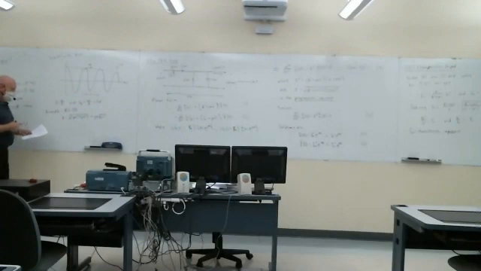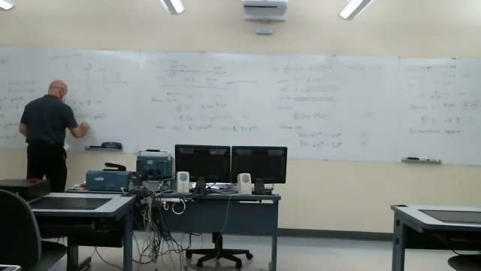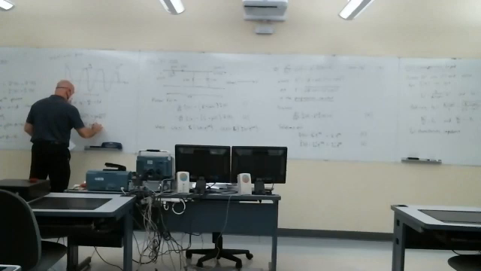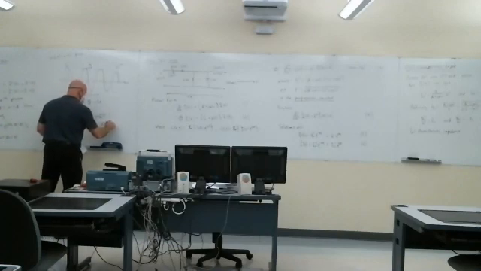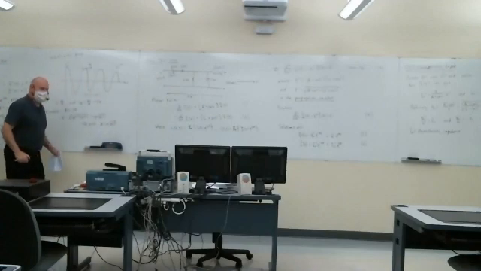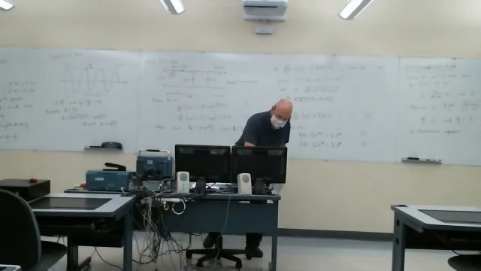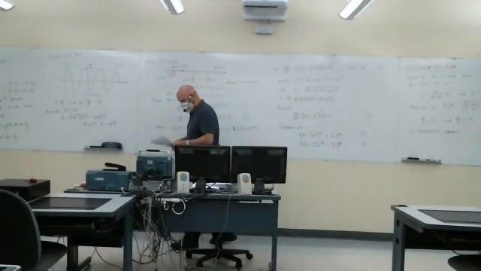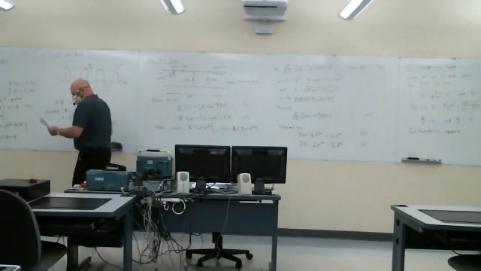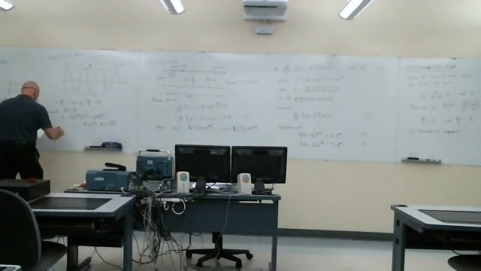So this implies alpha is equal to 0, and beta is ω times the square root of L'C'. So that phase propagation constant actually depends on the frequency. Okay. I'll give you one last result.